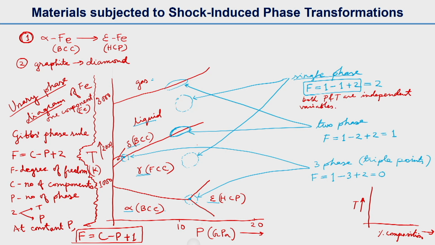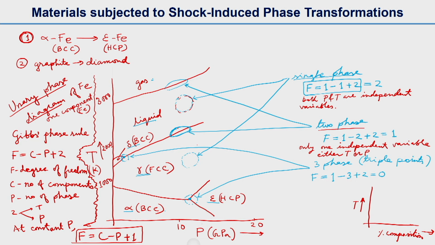That means you can vary P and T inside these single phase regions, but for the two phase case, F is equal to 1, so that means only one variable is independent, either T or P. So these lines are the two phase regions.